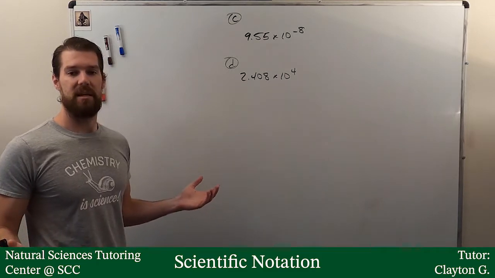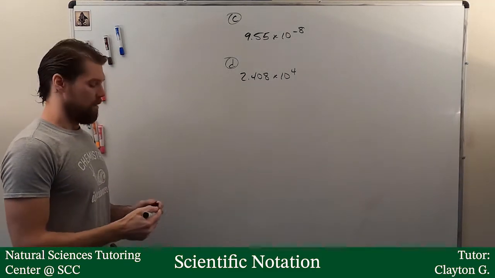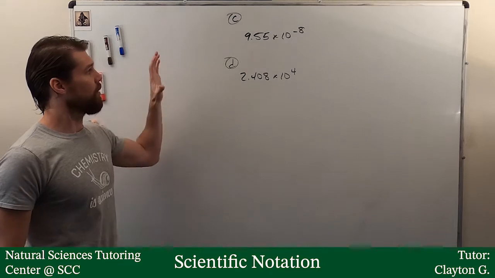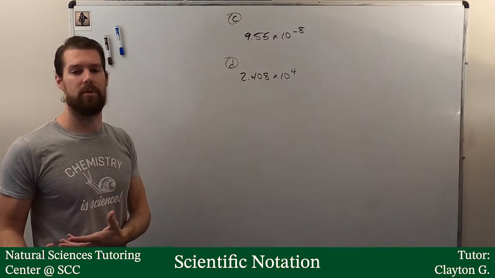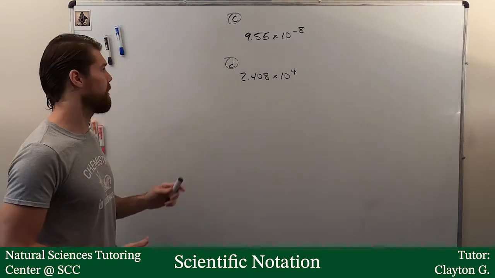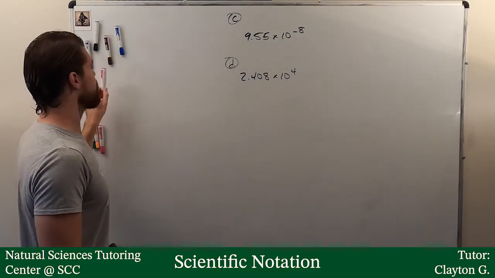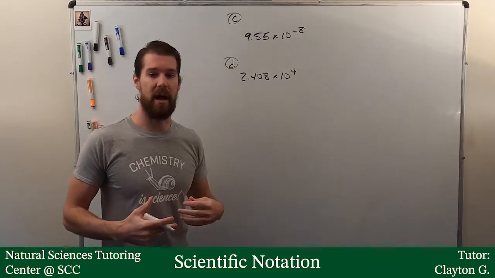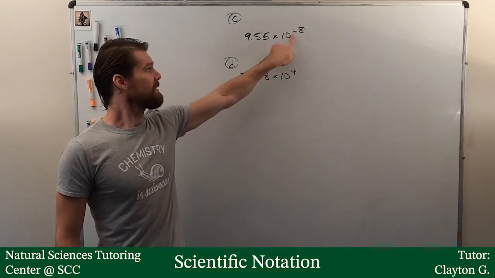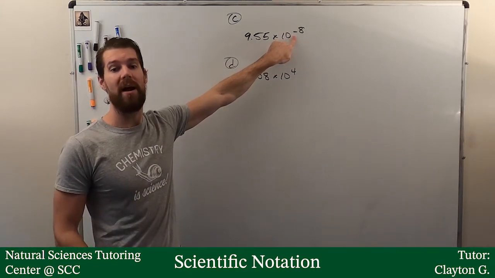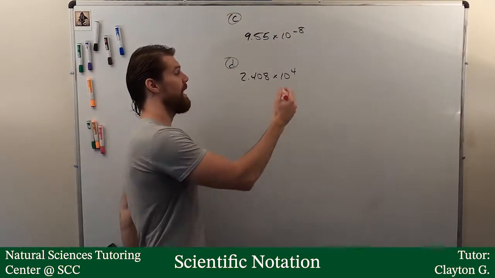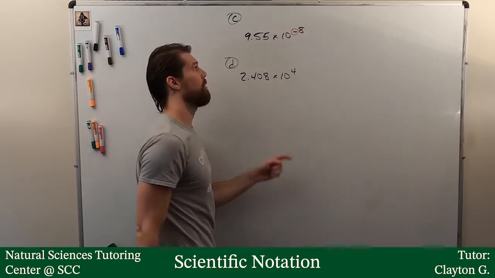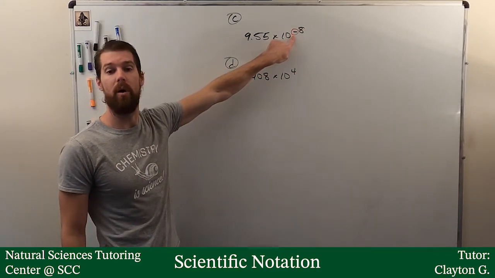Okay, now we have C and D. All we're doing is turning what is currently scientific notation into, again, whatever the normal notation for writing numbers is. And we want to use the same guiding principles here. That's a negative 8. I know I have to move the decimal 8 times. It's negative, so I know this number must be very, very small.